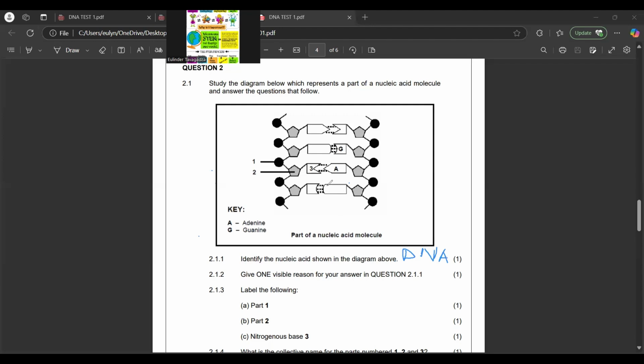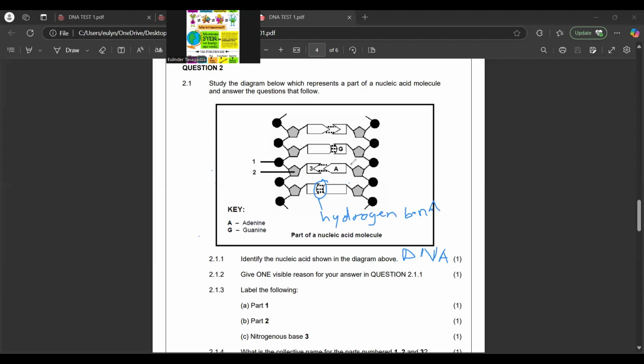If we check very well, look at this, the presence of hydrogen bond. That makes you identify that this is a DNA. What else?